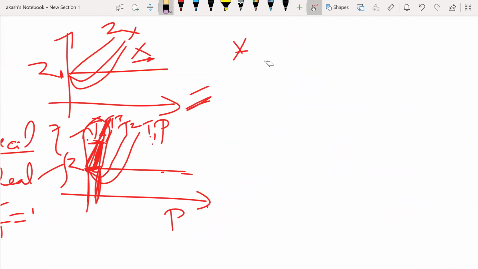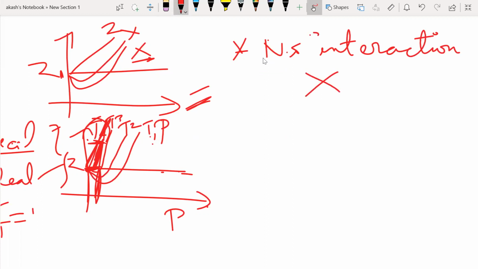One of the points said that there will be no interaction between the gaseous molecules, and this is absolutely wrong.